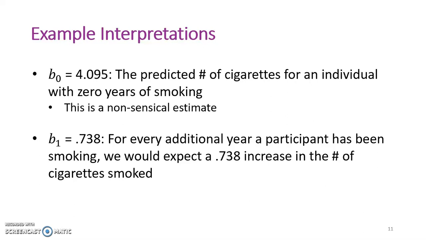Essentially, that's indicating the positive relation between years of smoking and the number of cigarettes smoked per day. So the longer a person has been smoking, the more cigarettes they smoke per day. And this is giving us a numeric value on that relation.